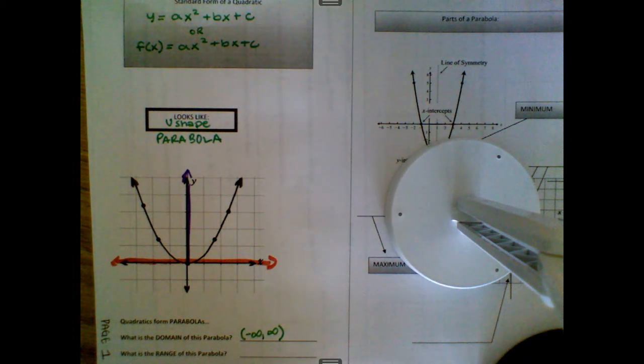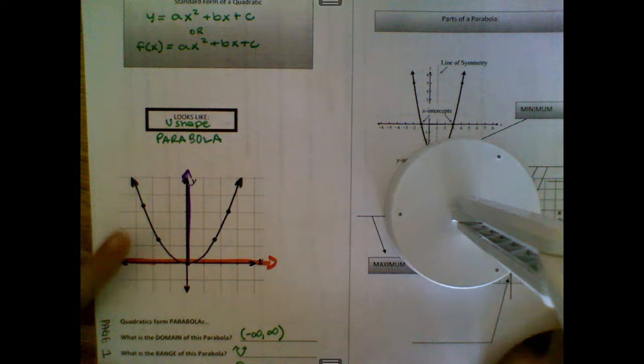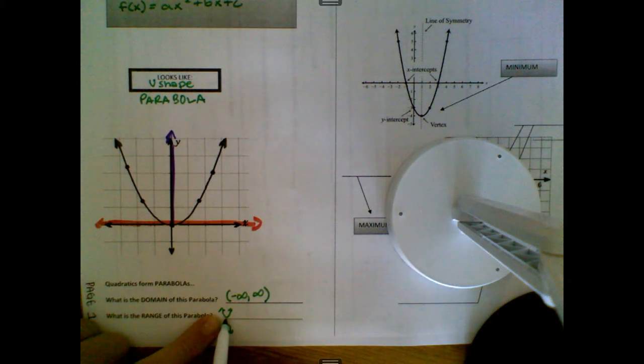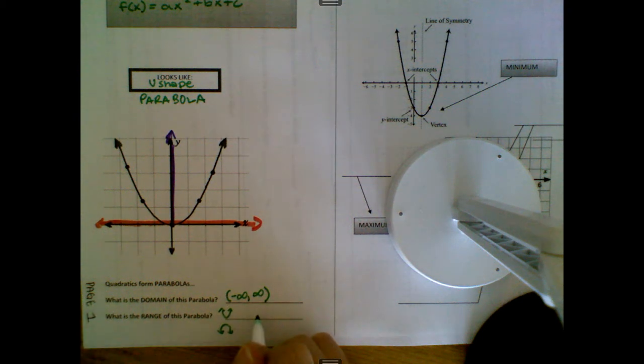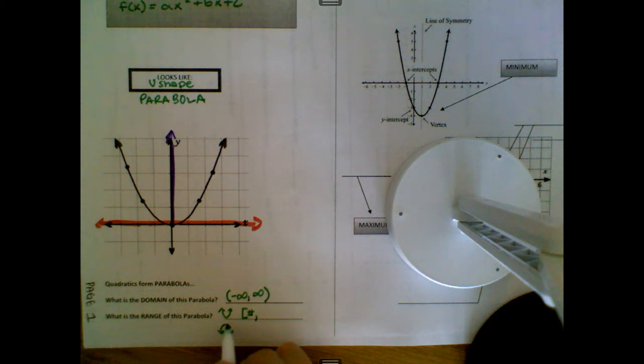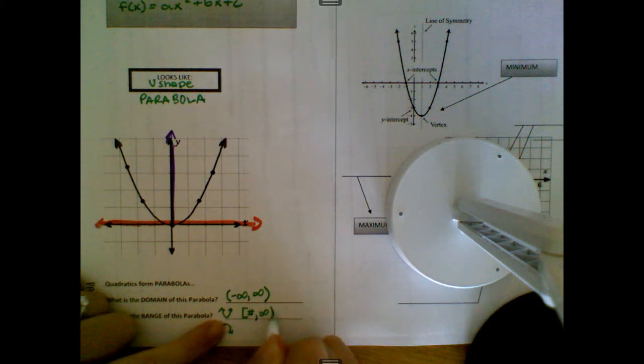The range for parabolas differs depending on if it's a U or an upside down U. If it is on the bottom and goes up, it goes up forever, definitely, but it always has a number, and we're going to give that a name in a second, and it goes to infinity.